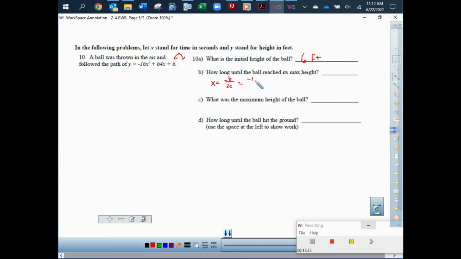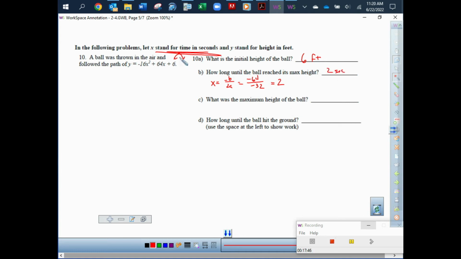That would be negative 64 over negative 32. That divides out to be a positive for sure. I got 2 when I divided that out. So that is the x value, and x stands for time in seconds. So that is the answer to this question: 2 seconds.